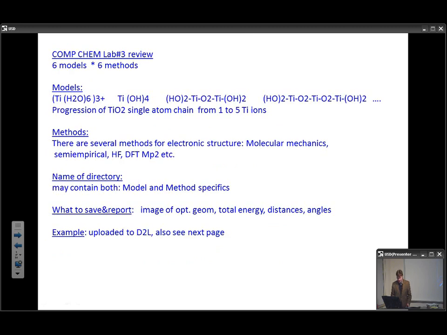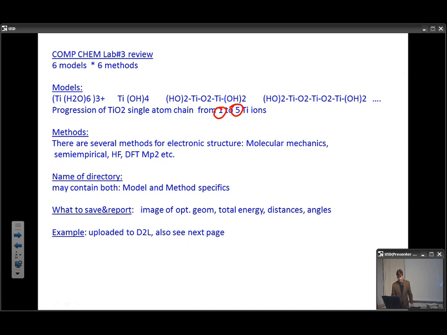Okay, so here is a brief review of what we were doing in the lab. We were choosing a model to apply our skills, and since we want to see some relation between structure and properties, we were setting up several models of linear chains of titanium dioxide from 1 to 5 titanium atoms and oxygens attached in an appropriate way.